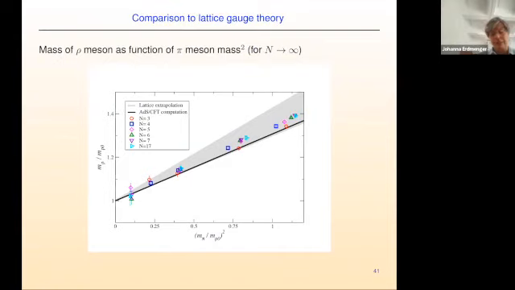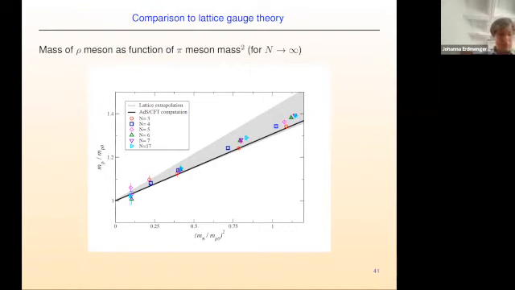On one hand, this is nice, but there's a slight caveat, because what we are looking at here, we can only look at ratios between particles. We cannot make absolute predictions for the mass of a particle. We can only say what is the ratio of the mass of one particle compared to the mass of another particle. And that's because there's always this issue of fixing a scale.